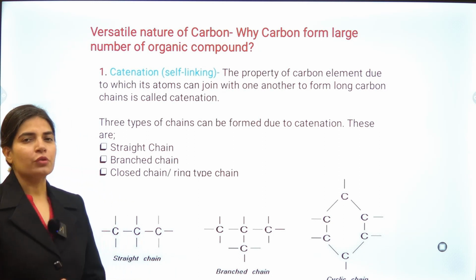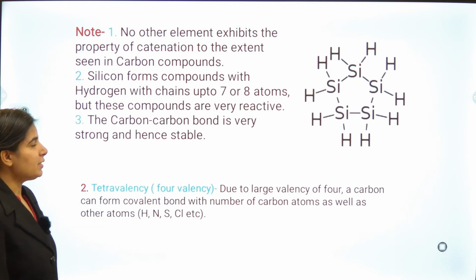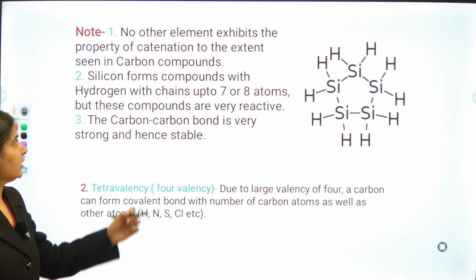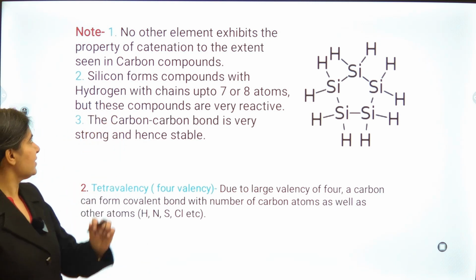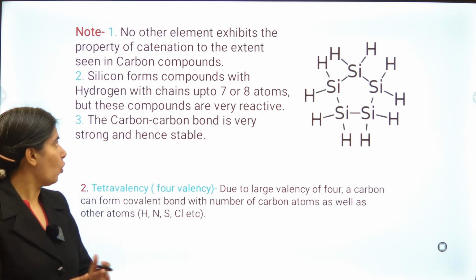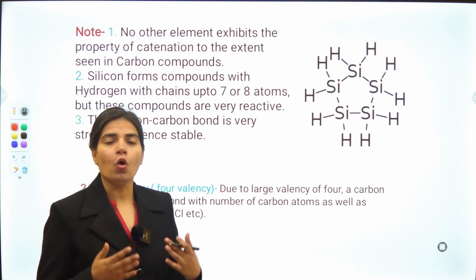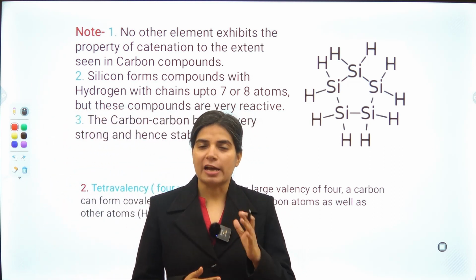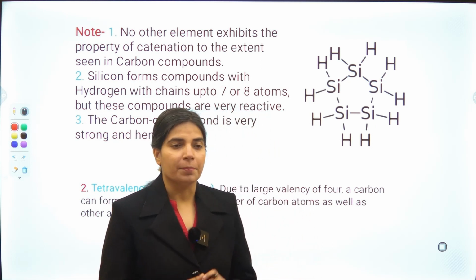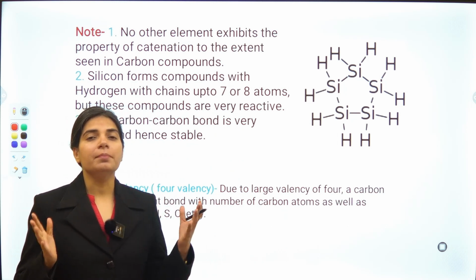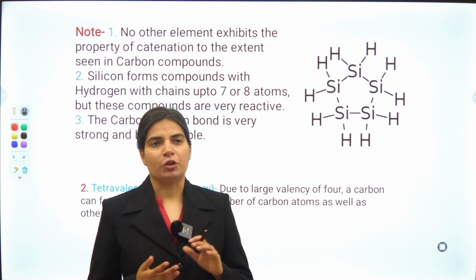Now, we are going to discuss some important points. The first one is that no other element exhibits the property of catenation to the extent seen in carbon compounds. It means there is no other element except carbon which shows this property, because carbon forms a number of bonds with other carbon atoms just because of catenation.